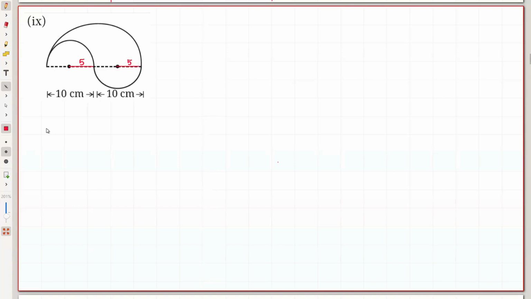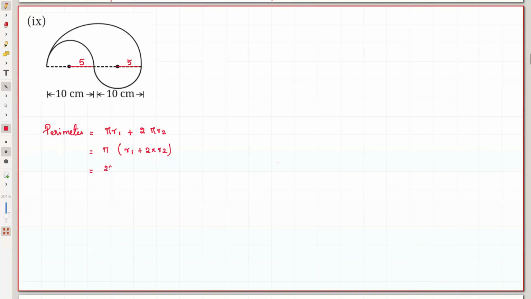Now we can write the perimeter. Perimeter is equal to the length of the big outer semicircle, pi r1, plus 2 times the small semicircles, 2 pi r2. We can take pi as common: pi times (r1 plus 2 times r2).